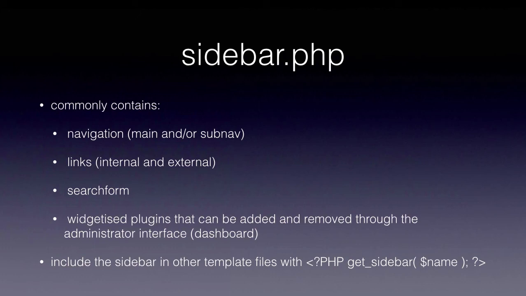And you include the sidebar in other template files with the function get_sidebar. And then there's an optional parameter here, name. So you can actually have multiple sidebars, and you can include one or more of them in a template by specifying the name in the parameter for that get_sidebar function.